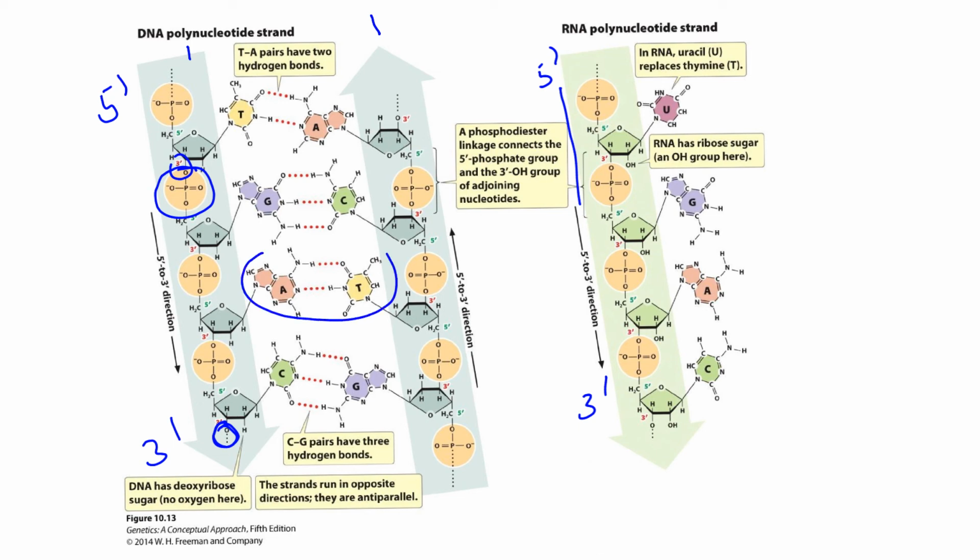Cytosine and guanine form three hydrogen bonds. What does it tell you? A DNA molecule which has more cytosine-guanine pairs would be more stable than a DNA molecule which has a higher percentage of adenine and thymine. By stable, I mean that you can denature DNA by breaking down hydrogen bonding.